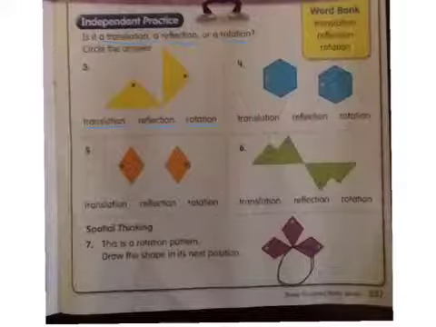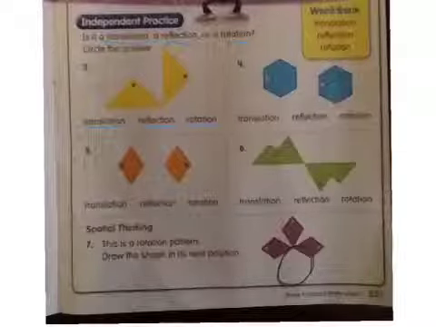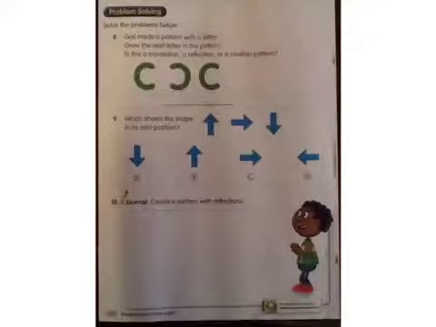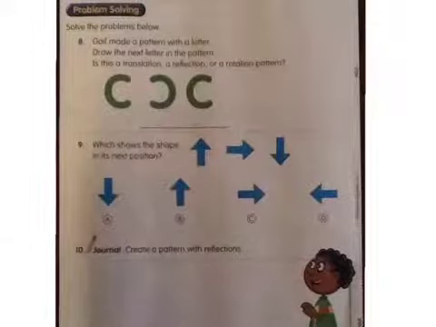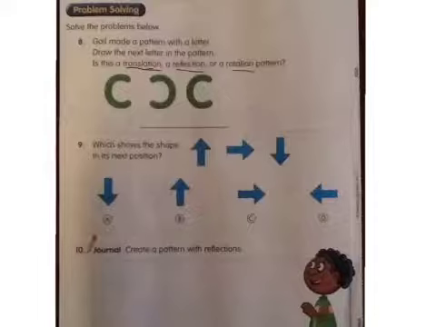Okay, moving on to the back side. Looks like this, and on the back, whoops, excuse me, I gotta erase that mark, go back to the finger. Number 8, solve the problem. Gail made a pattern with a letter. Draw the next letter in the pattern. Is this a translation, reflection, or a rotation pattern?